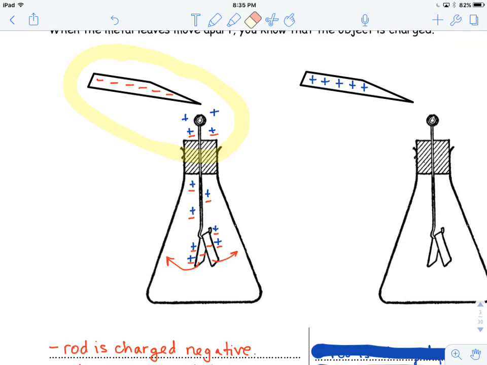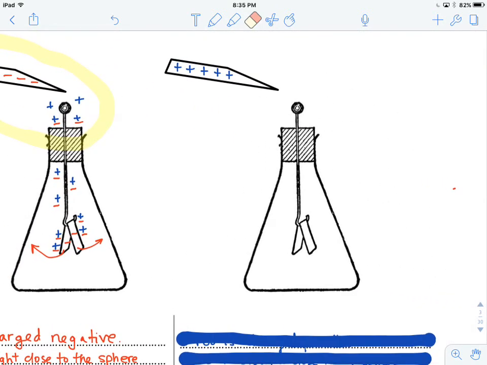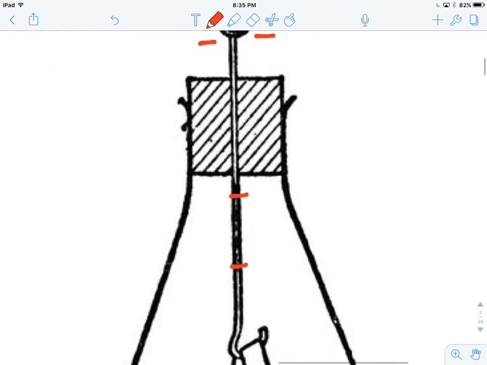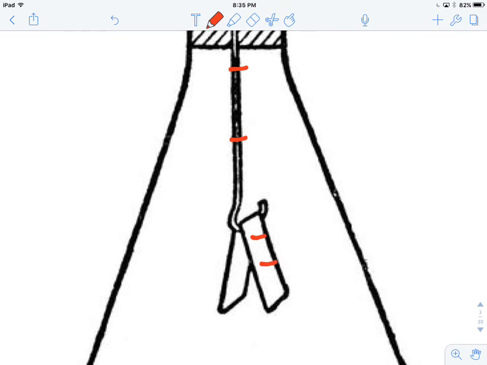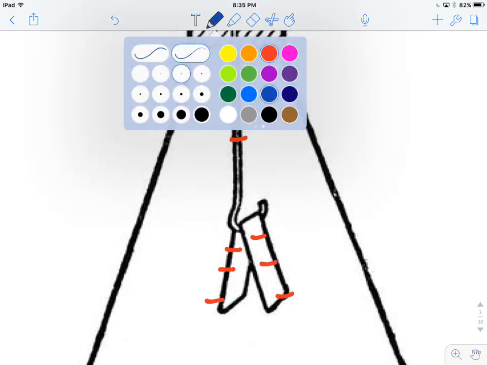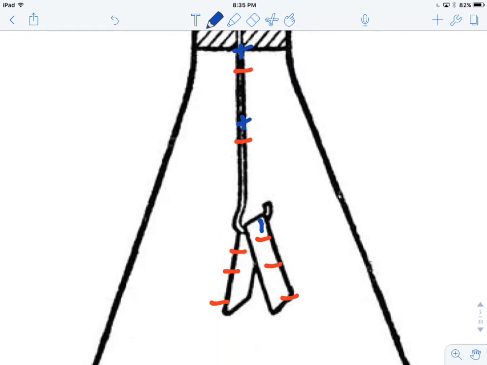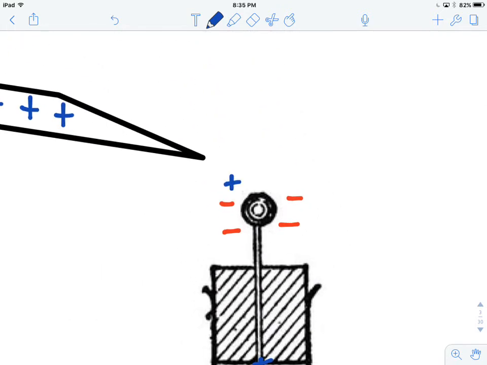So let's look at the example when we bring a positive rod close to the electroscope. Again, we have negative electrons all the way throughout the electroscope. But because the electroscope is neutral, the leaves do not repel.